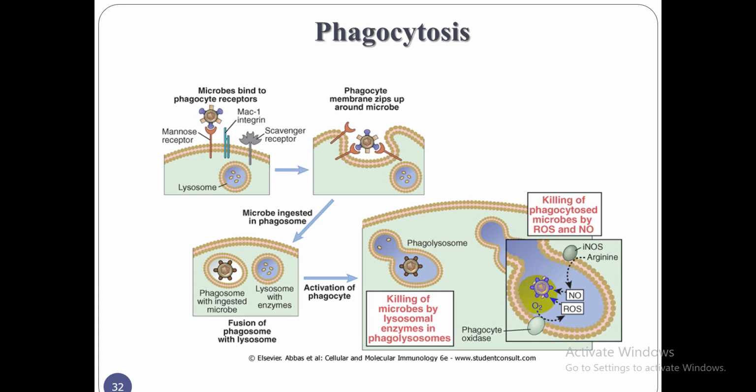And the third mechanism is mediated by iNOS. iNOS is an enzyme which is present in cytosol and not in cell membrane, and could produce nitric oxide, and this nitric oxide, like ROS, can be toxic for the microbes that are present in phagolysosomes.